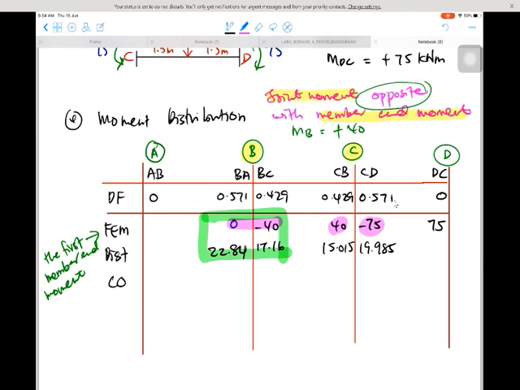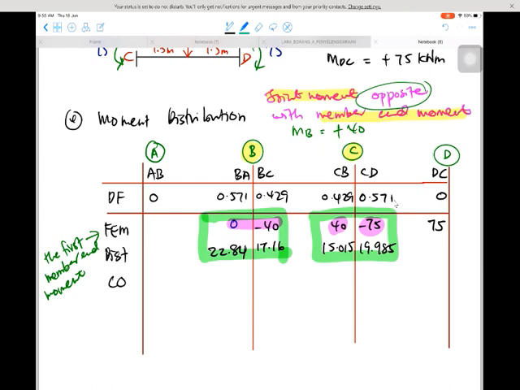So positive 35 times 0.429 is equal to 15.015, and positive 35 times 0.571 is equal to 19.985. Again for checking, all these four values must equal 0.